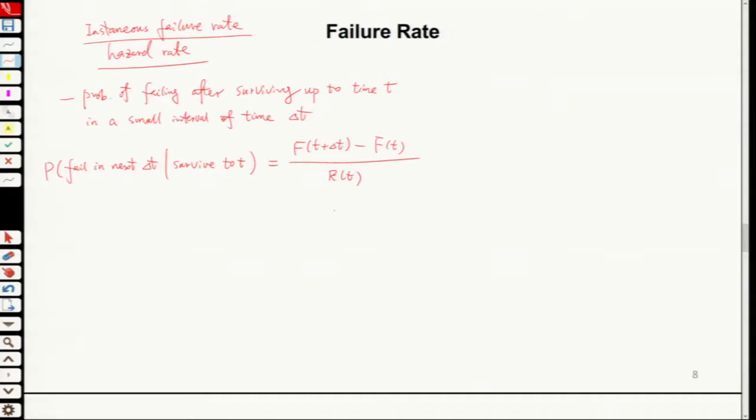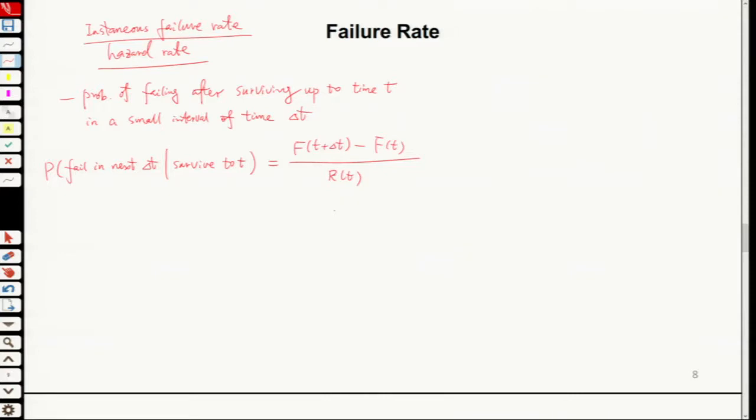Joint distribution is you survive up to t, because you go beyond it, and then fail in the next delta t. This is the joint distribution of these two conditions. But you condition on the probability of surviving to t, that means T is greater than t, and that is R(t).